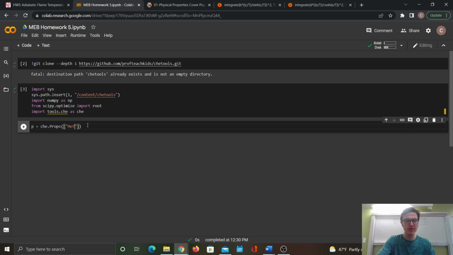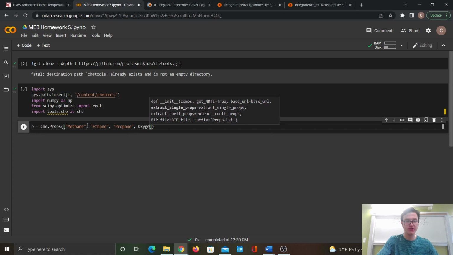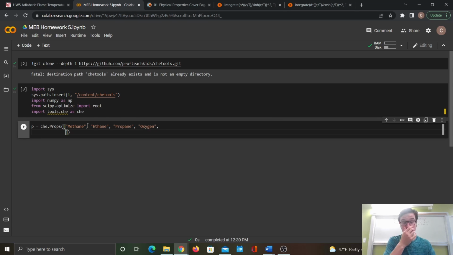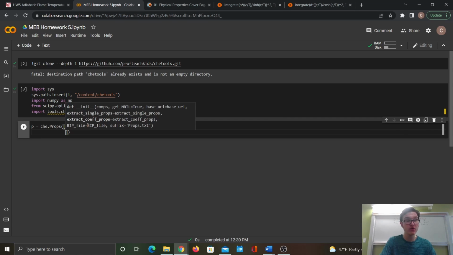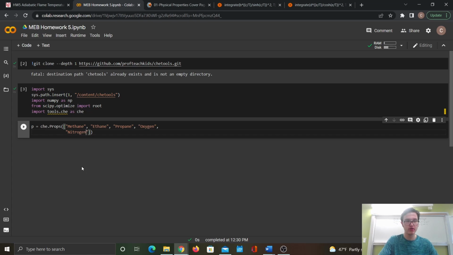So we're starting off with methane, moving on to ethane, then propane. Going to use oxygen, which needs to be a string. I like to hit enter because I need to move it down so it doesn't run out of room. Nitrogen. We want carbon dioxide, which is one word.